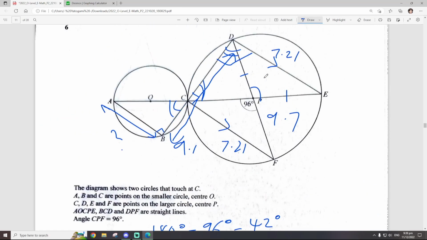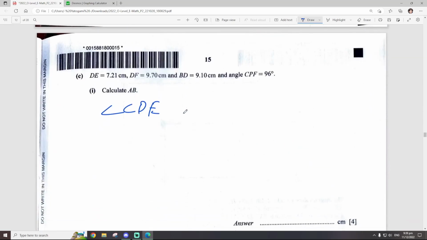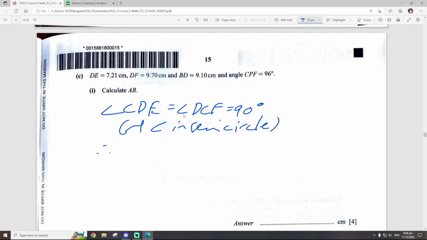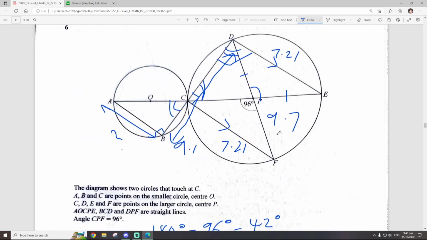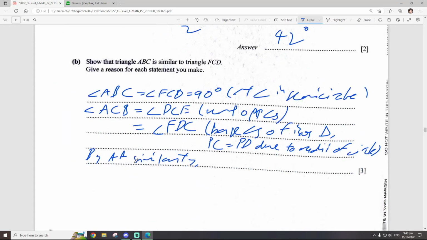Is it CDE? Yes, CDE is 90 degrees, which is equal to angle DCF. No need to really write down the reason, but we should. So therefore CDEF is a rectangle, and therefore CF is 7.21.